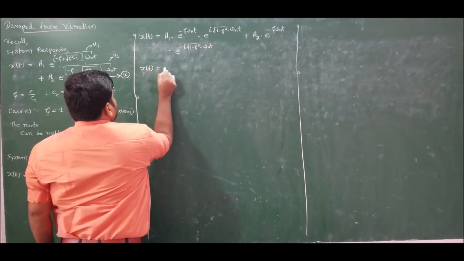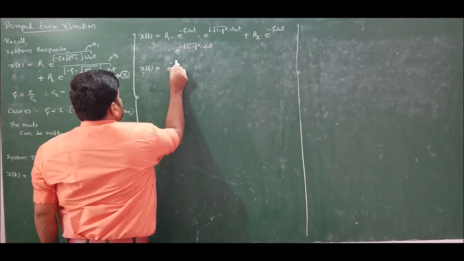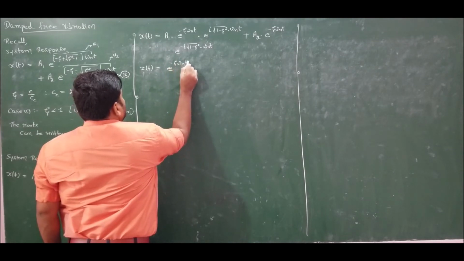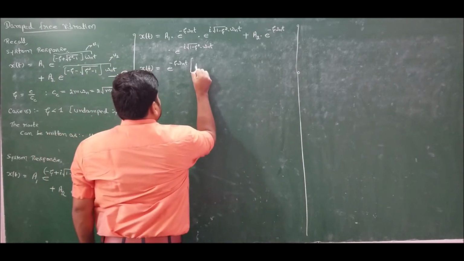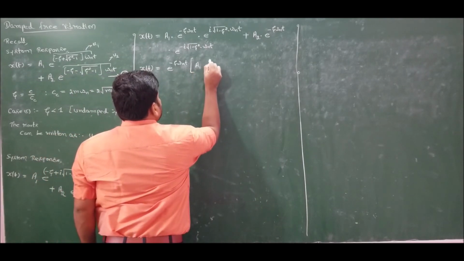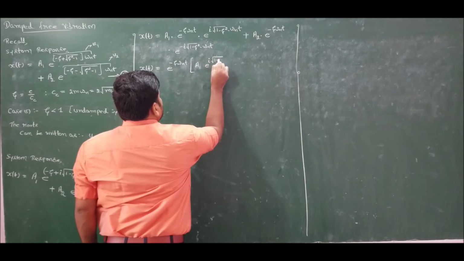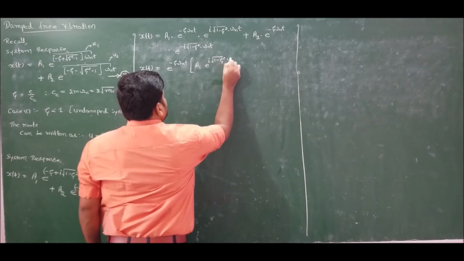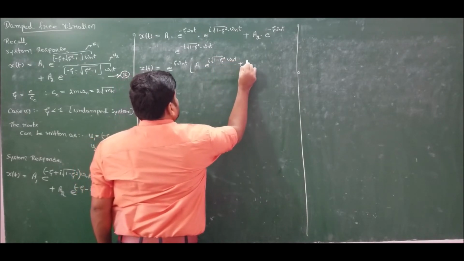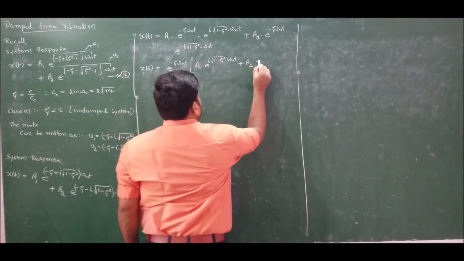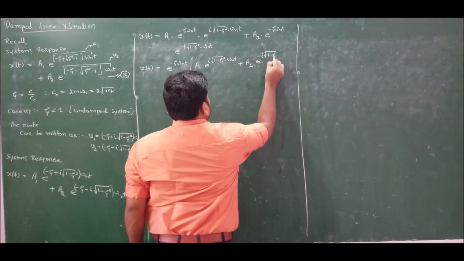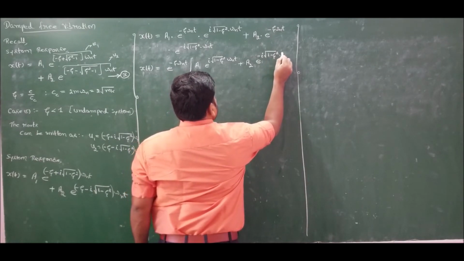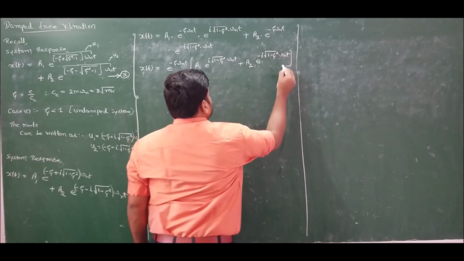Hence x of t can be written as: e to the power of minus zeta omega n t I will take common, take out. I am left with a1 e to the power of I root of 1 minus zeta square omega n t plus a2 e to the power of minus I root of 1 minus zeta square omega n t.